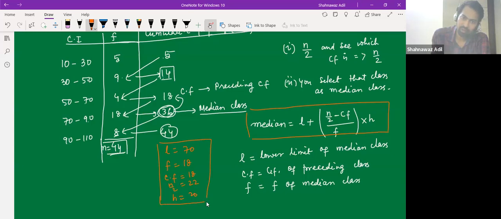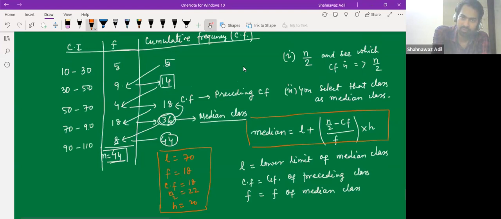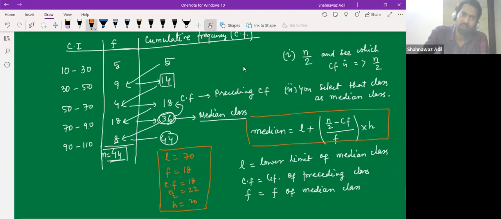This is how you calculate it. Please note it down, and then we'll do the rest.